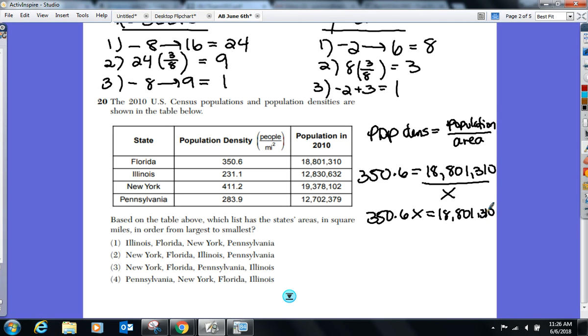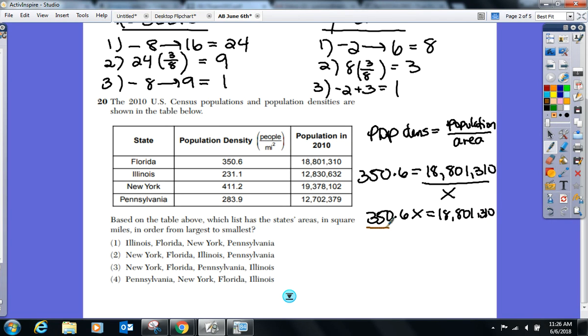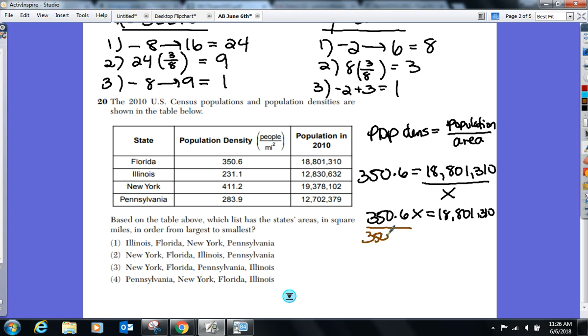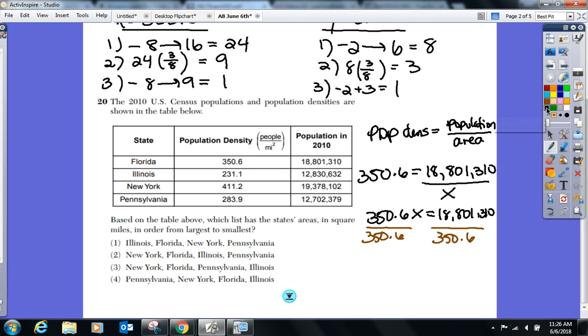And then what should I be doing on both sides? Divide by 350.6. And then you'll come up with the correct land area for Florida. You do the same thing for Illinois, New York, and Pennsylvania.